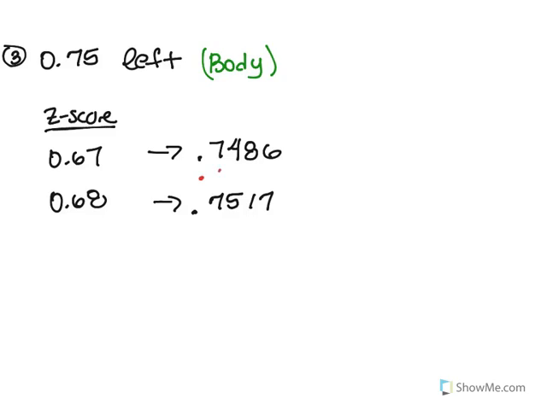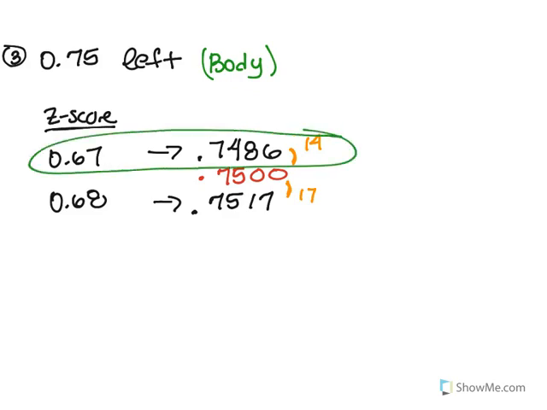So yes, .75 would be in between those two numbers. So the top one would be what? 14 numbers off, and this bottom one is 17. So the top one is the closest. Good. Do y'all understand that? 14 numbers off versus 17 numbers off? Okay.